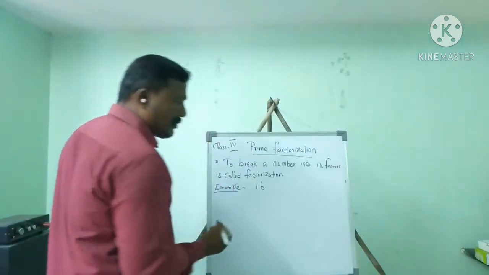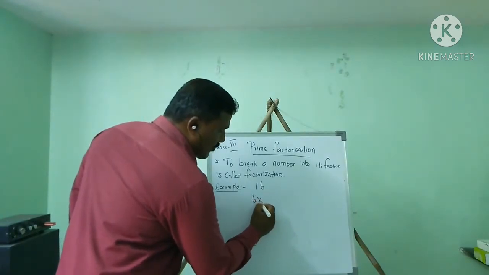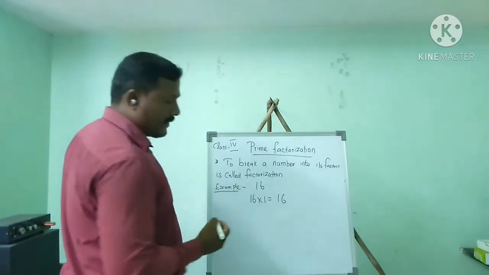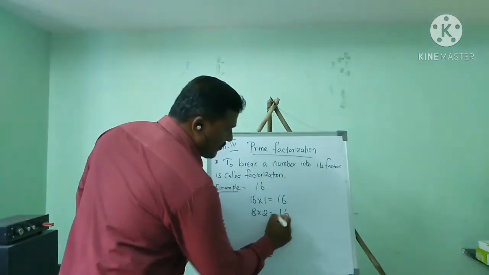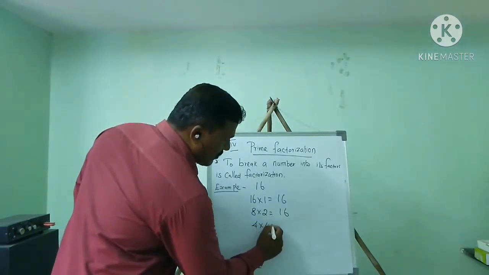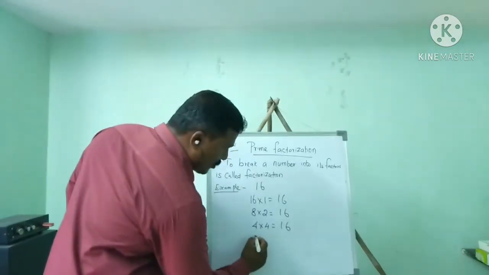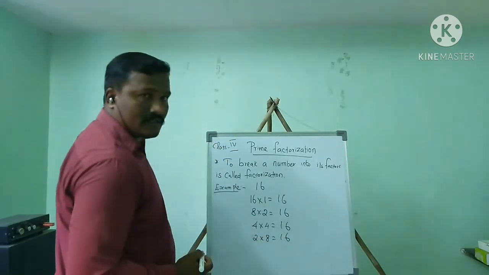So now I am going to find the factors of 16. First, 16 into 1 is equal to 16. Then 8 into 2 is equal to 16. Then 4 into 4 is 16. Then 2 eights are 16.